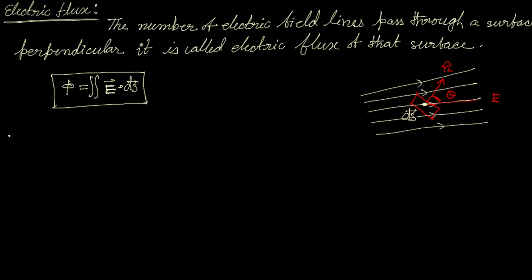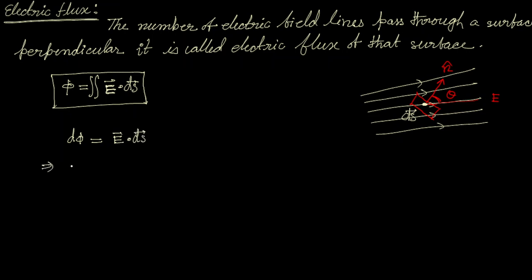Let me also define one more thing from here. The flux passing through this elementary area can be written as d phi equals E dot ds.